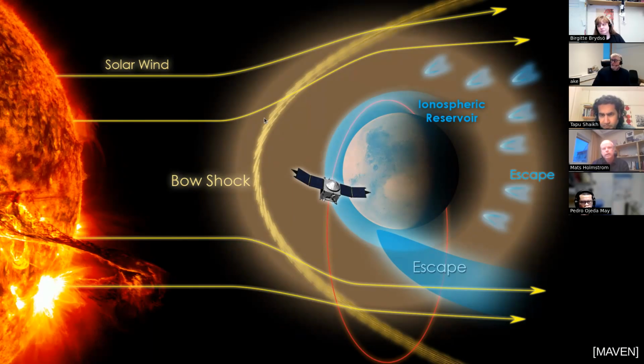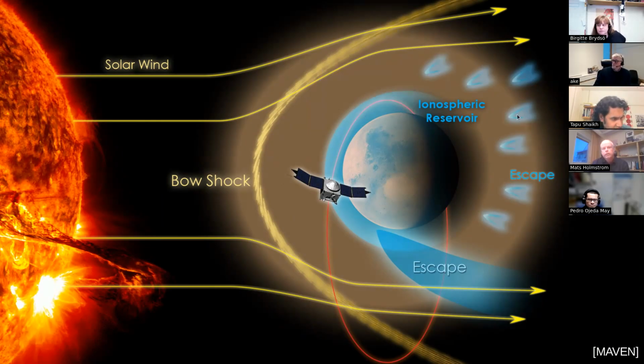You will get the bow shock in front of the planet, and the top part of the atmosphere, the neutrals, can be ionized, and as soon as they are ionized, they will feel the electromagnetic fields in the solar wind, so they can escape from the planet. So this is one way that atmosphere and water can escape from Mars.